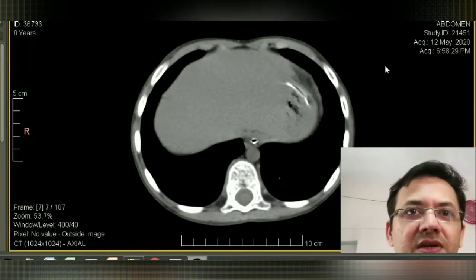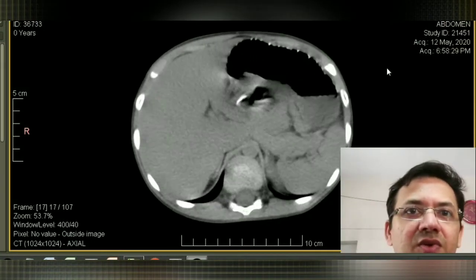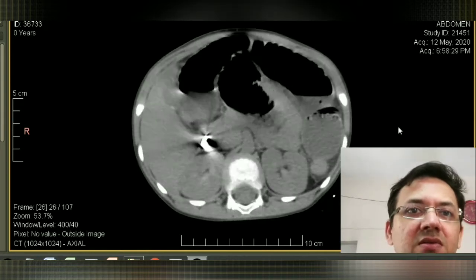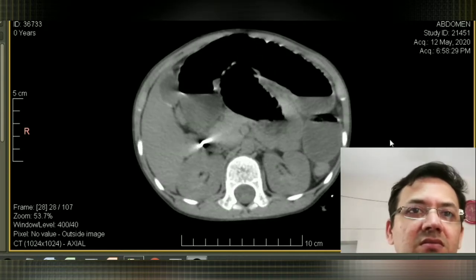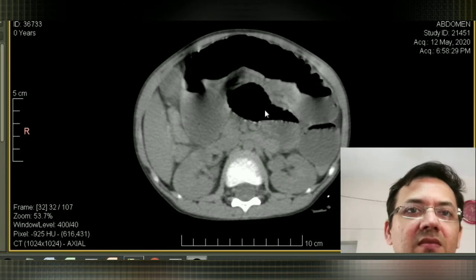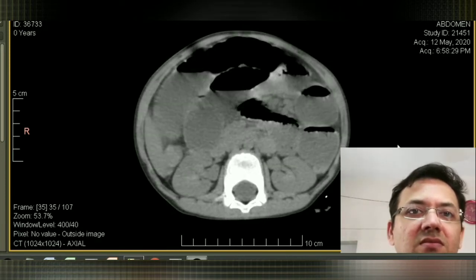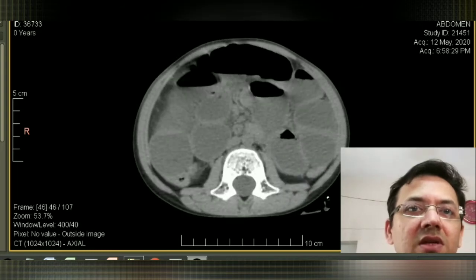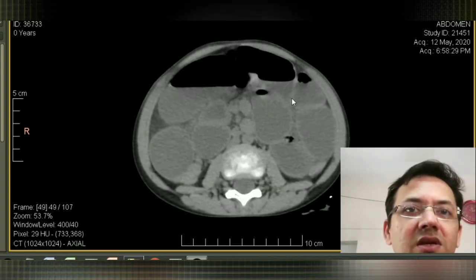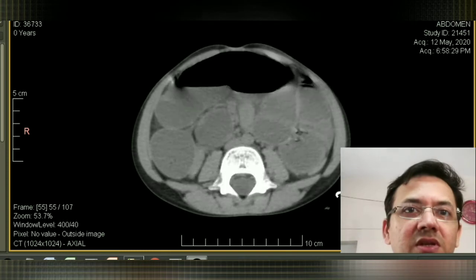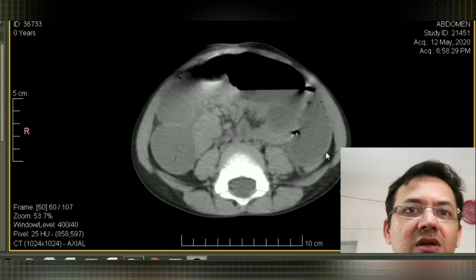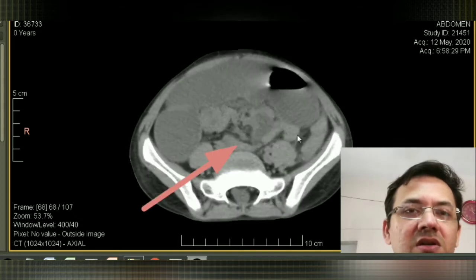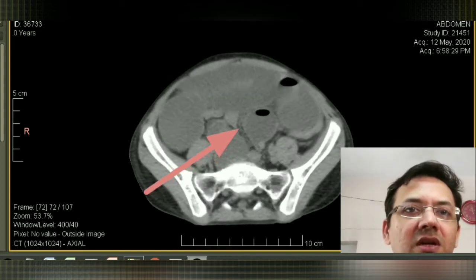This is the plain study where we can see diffuse dilated small bowel with air fluid levels. The dilated bowel is usually distal jejunal and proximal ileal loops with some transition at the central abdominal level, particularly the mid-ileal level.